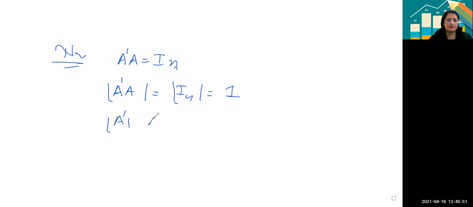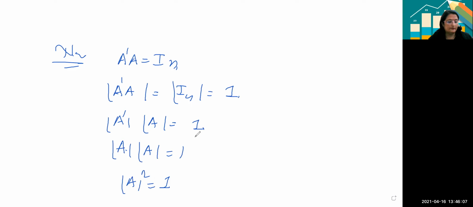So this is mod of A dash into mod of A is equal to 1. The determinant of the transpose of A is the same, so mod of A into mod of A is equal to 1. That is, mod of A square is equal to 1. That is, mod of A is equal to plus minus 1.